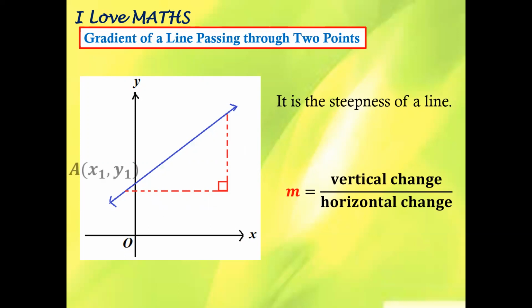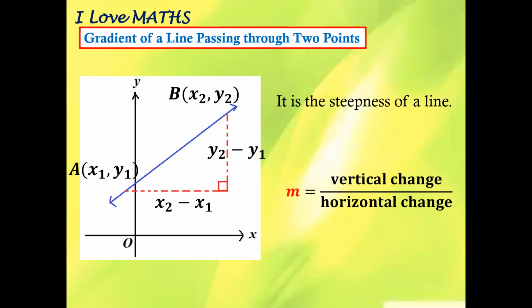Let's say we have 2 points, A as x sub 1, y sub 1, and B as x sub 2, y sub 2. To determine the horizontal change, we have the difference between x sub 2 and x sub 1. To determine the vertical change, that is y sub 2 minus y sub 1.